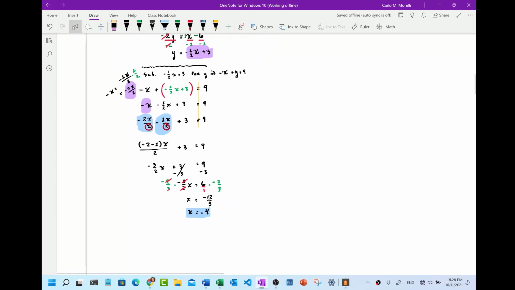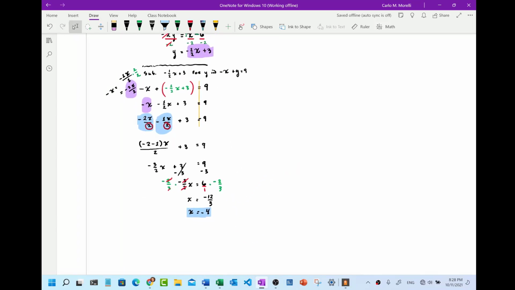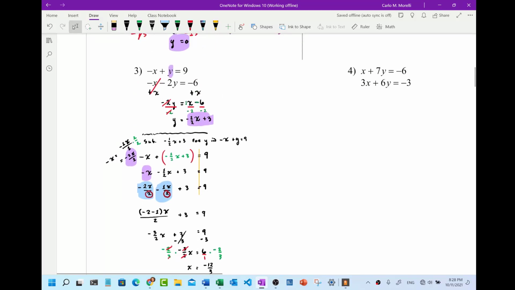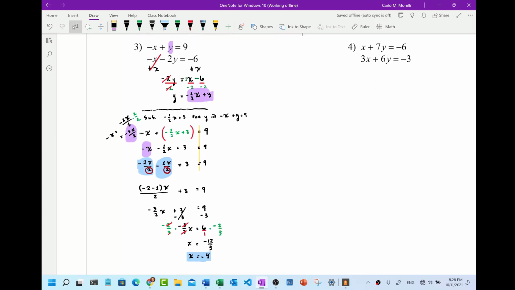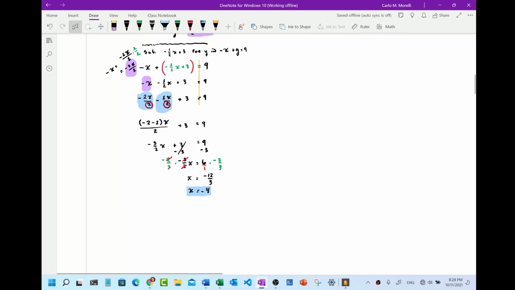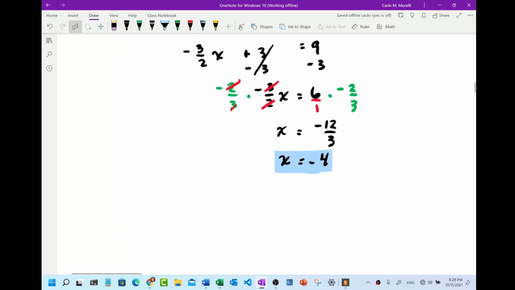Now, what I want to do is substitute that back into either of my equations. We'll use the top one: negative x plus y equals 9. So if x equals negative 4 and negative x plus y equals 9, right?